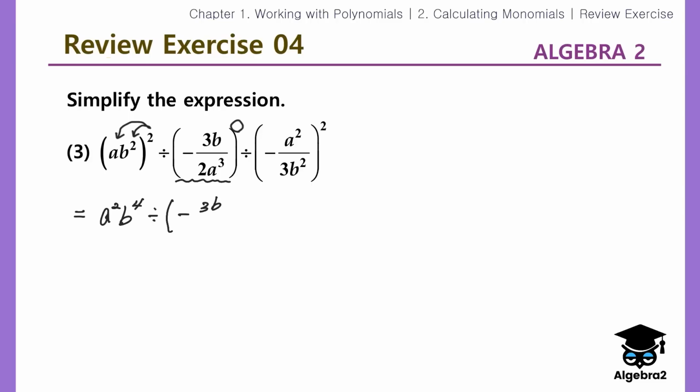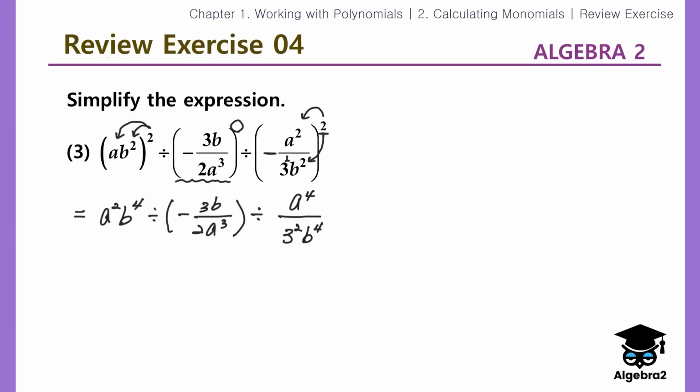Negative 3b over 2a cubed, and divided by, here, negative is multiplied twice. That's positive, right? And 2 times 2, that's a to the 4. 3 squared, right? And b, 2 times 2, b to the 4, right?